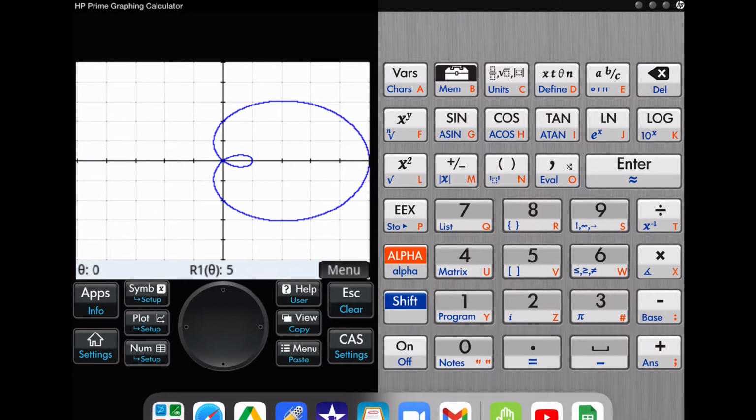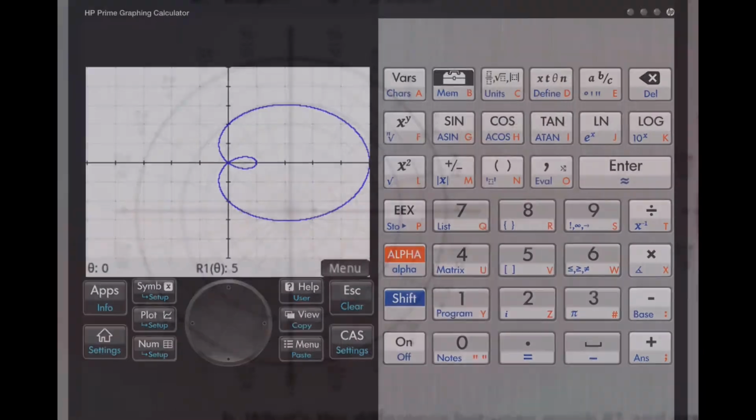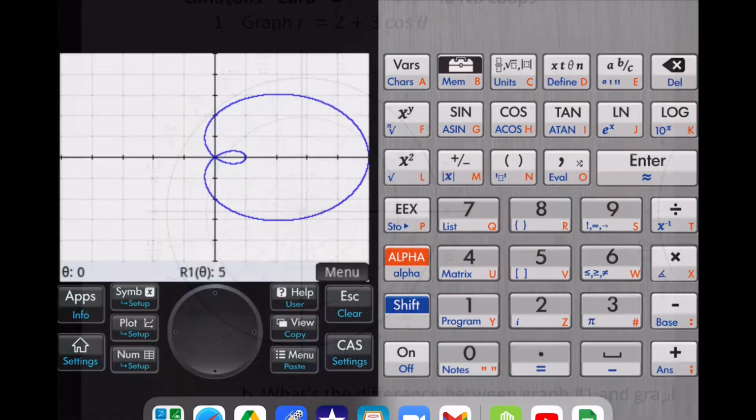The little loop is about 1 out. So let's put a dot here. So about 5 out, dot here. Loop, and then about 2 units up and down on the y-axis.